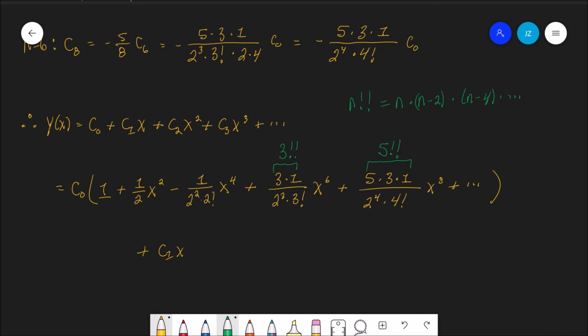Or just times 1. So what this is saying is a double factorial acts just like a factorial, except you skip terms. So it's the product of every other integer.